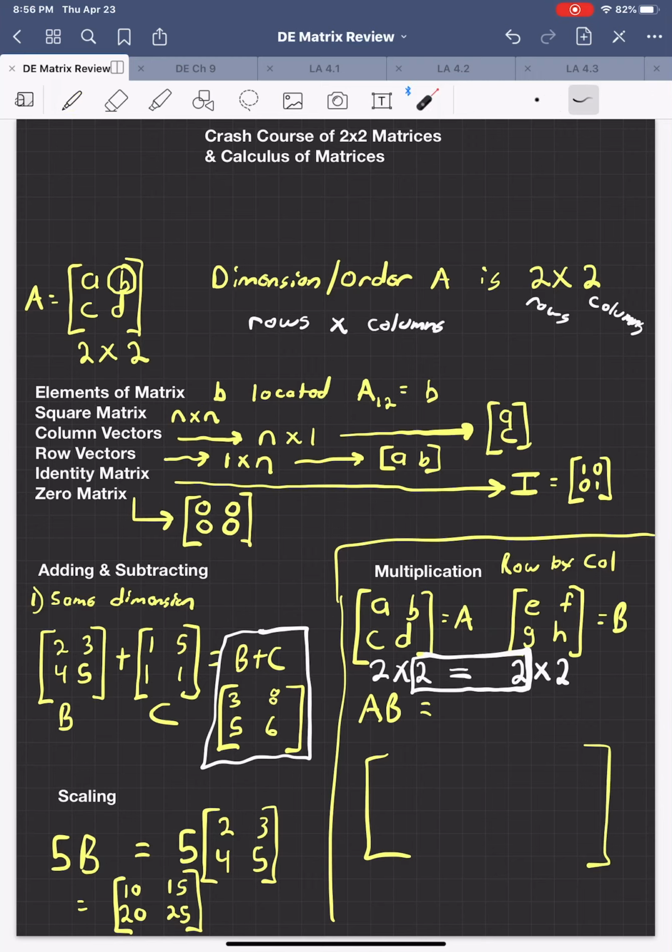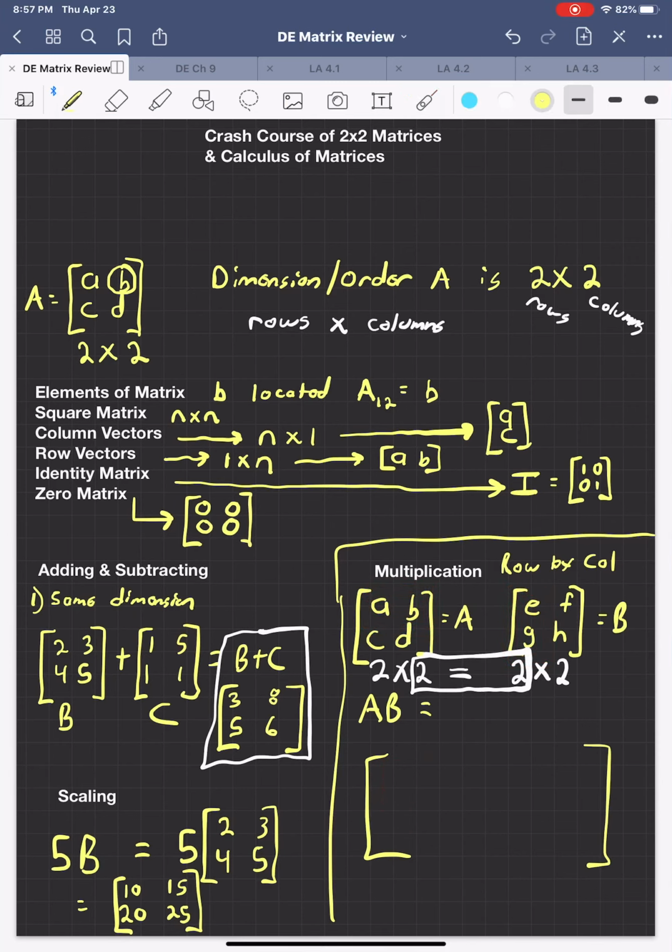Okay, so I'm going to show you what the result of this would look like. So you would take row 1 for the first matrix and multiply it by column 1. Now, do you understand that what I have circled, what I have boxed in here, that would be the very first entry of the matrix? Okay, so it's row by column.